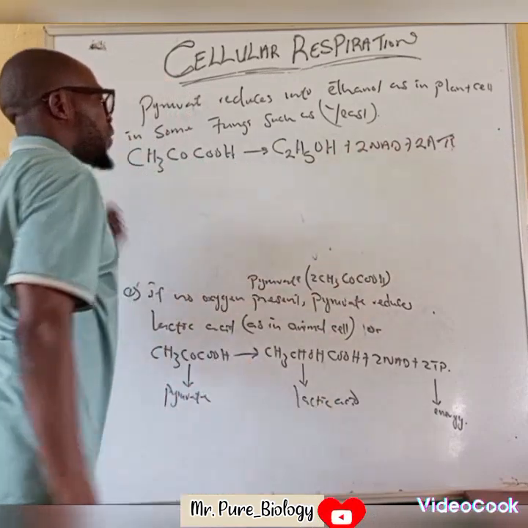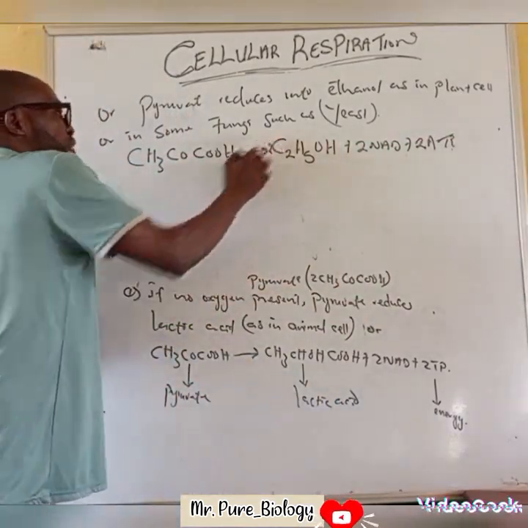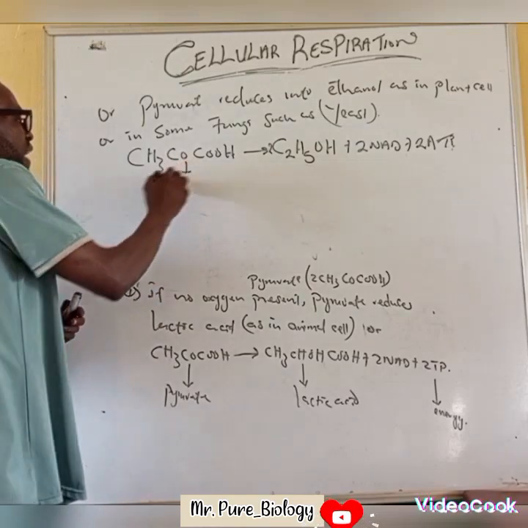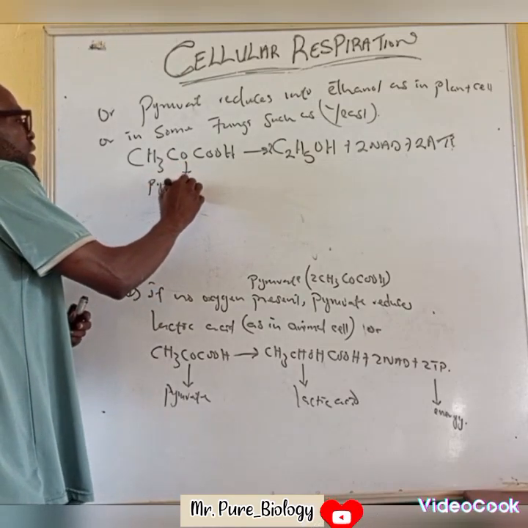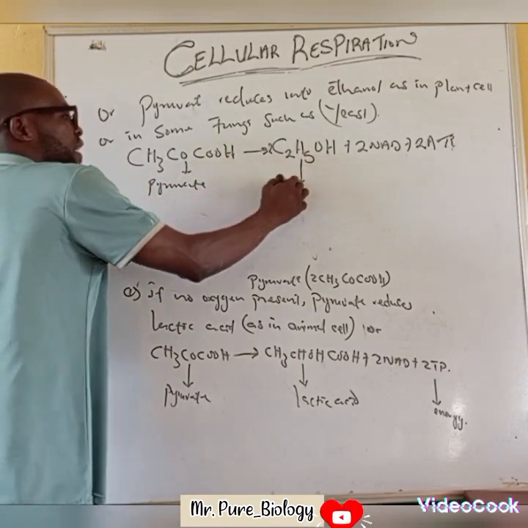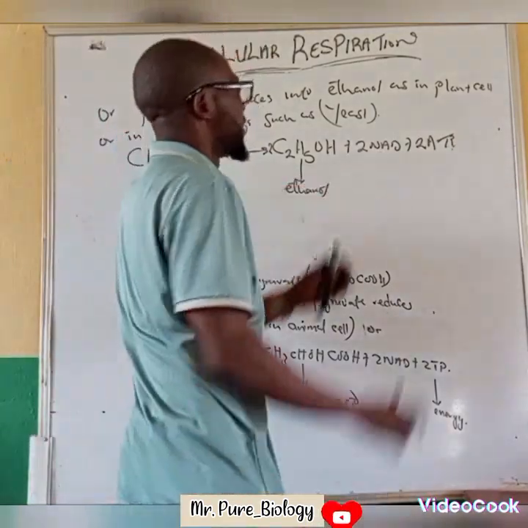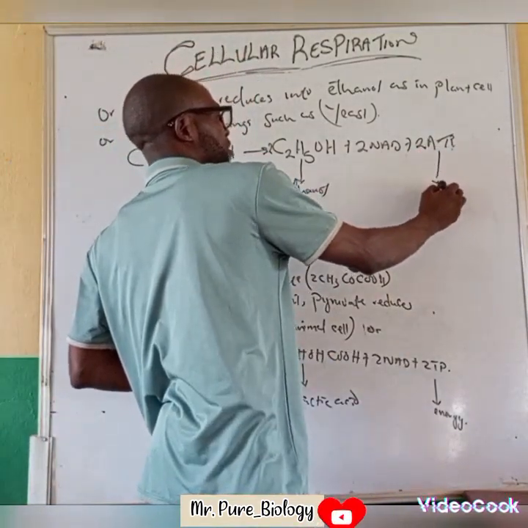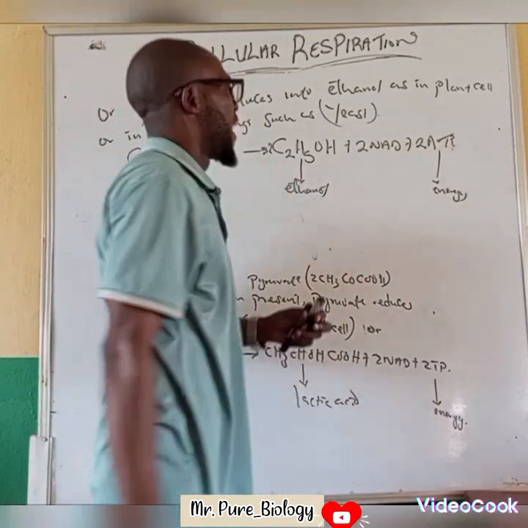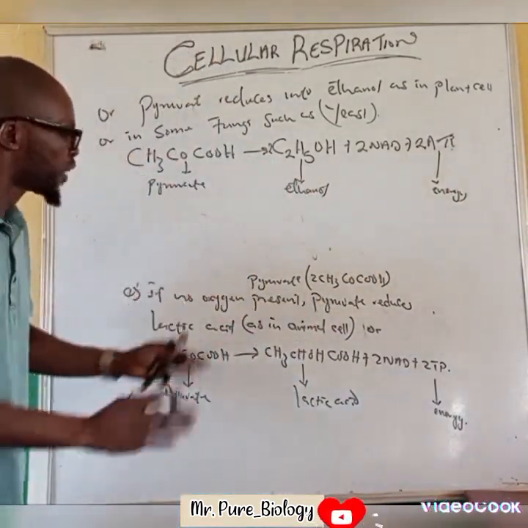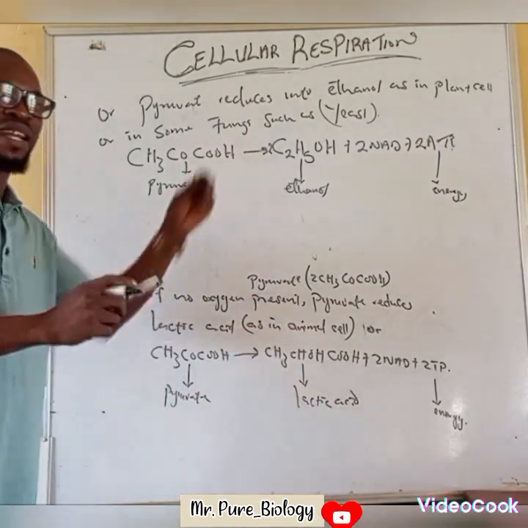So that's what we're going to have. We can simply have 2 here as well. So this one will serve as our pyruvate. This is the ethanol. This is what we call ethanol. And this is still the remaining energy. So that is anaerobic condition in plant and animal cells.